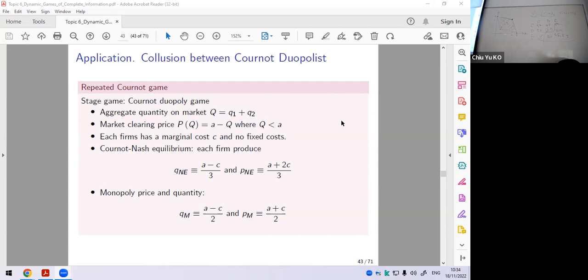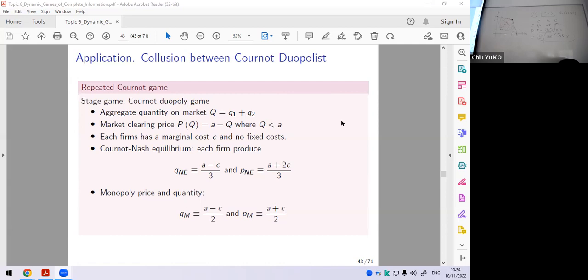The total production is 2/3 of (A minus C), which is more than the monopoly, right? And the profit of the monopoly is higher than the sum of the profits of the Cournot duopoly. So the two guys actually have an incentive to reduce the quantity to boost up the price, to boost up the joint profit. But they can't do it because if I reduce, the other guy wants to increase, right?